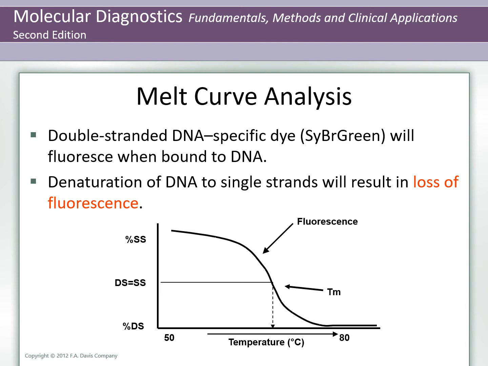With melt curve analysis, the dyes specific for double-stranded DNA initially yield a high signal because DNA is most double-stranded at low temperatures, but as the temperature increases, the double-stranded DNA separates into single strands, losing the dye. The fluorescent signal gives a pattern, as seen in this graph, where the fluorescence decreases as the temperature rises.